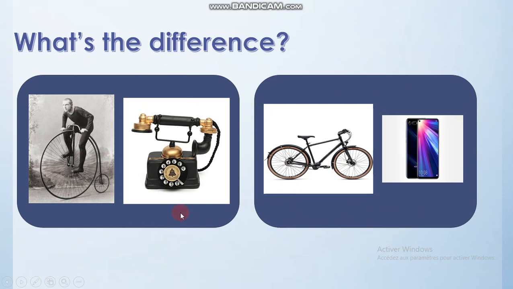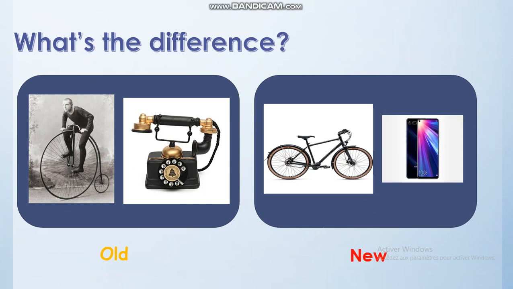Now I will tell you. This phone and this bicycle are old. They are old, which means they were used a long time ago. Your grandparents used them. But these ones over here, are they used by you or your grandparents?